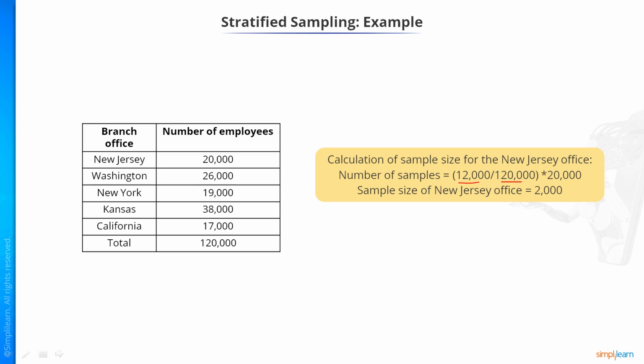So 12,000 divided by 120,000, so it is 1/10 of the total employees. Now the total number of employees working in the New Jersey office is 20,000. So the sample size for the New Jersey office will be 1/10 of 20,000, that is 2,000.